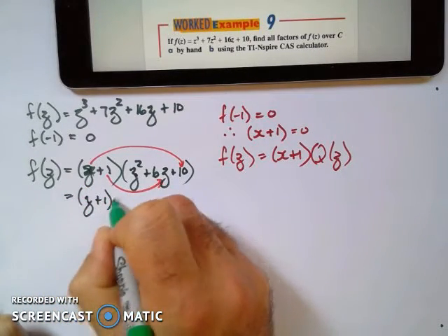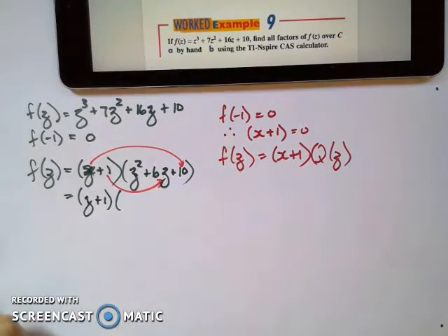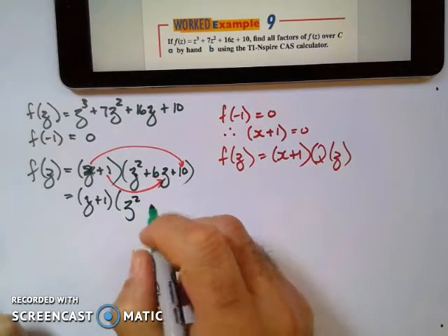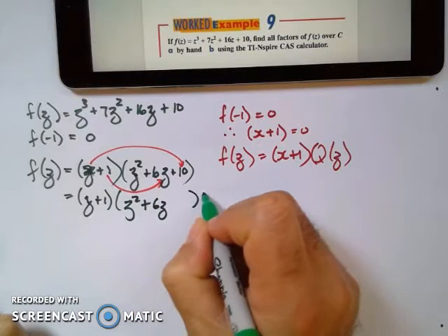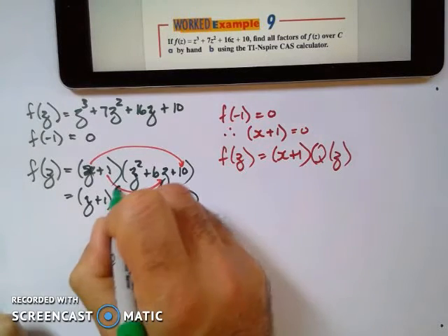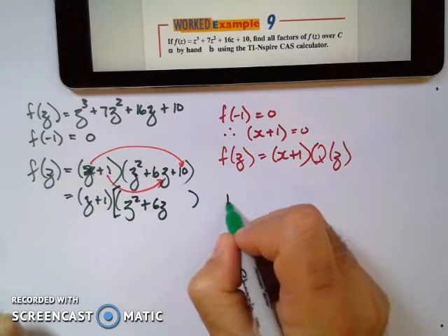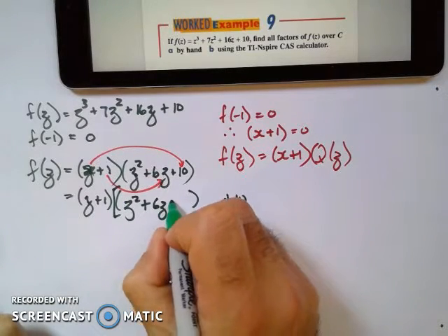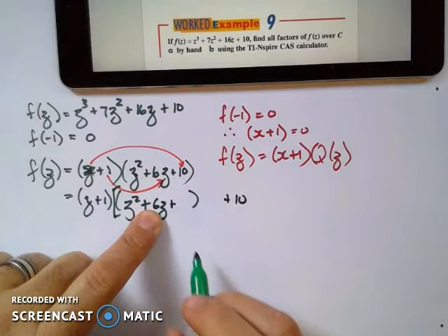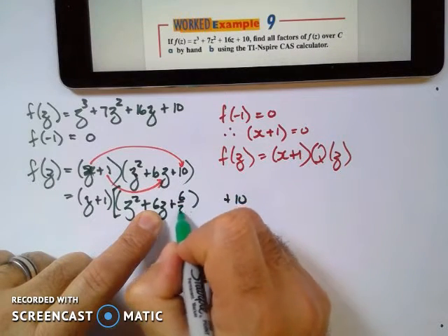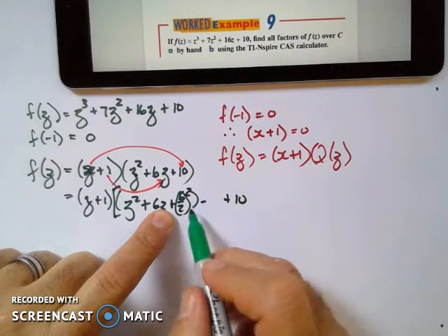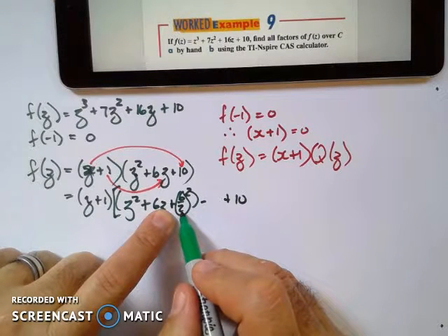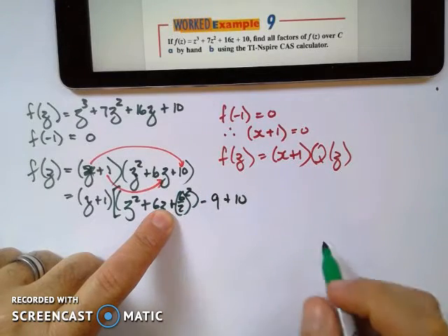Z plus 1, and for this one, I'm going to say z squared plus 6z, with the bracket around, plus 10. I'm going to add 6 divided by 2 squared. If I add that, I have to subtract it again. So 6 divided by 2 is 3, 3 squared is 9, so it's going to be minus 9.